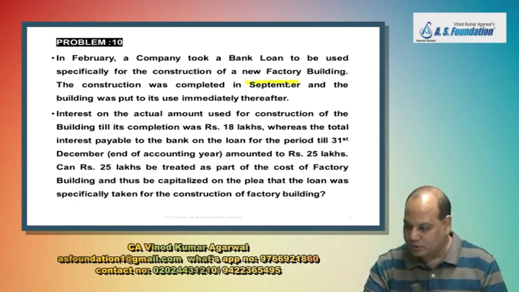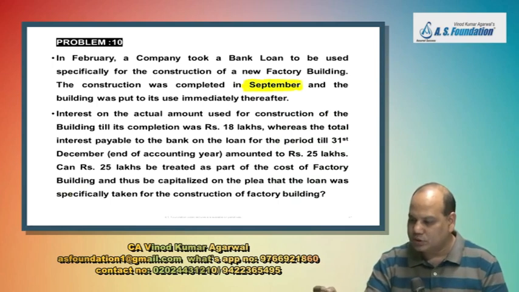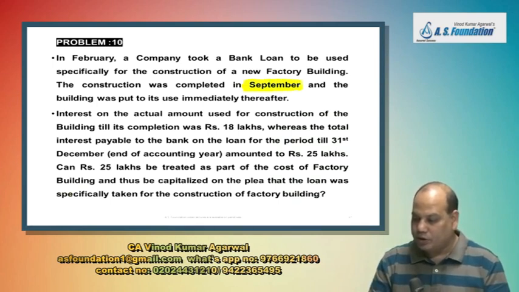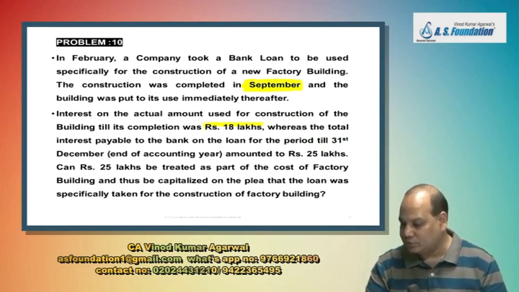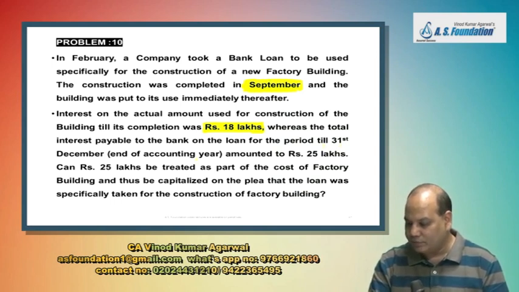September. So which means we should capitalize the borrowing cost only up to September. Interest on actual amount used for construction of the building till its completion was 18 lakh. Till September 18 lakh, whereas the total interest payable to the bank on the loan for the period till 31st December amounted to 25 lakh.